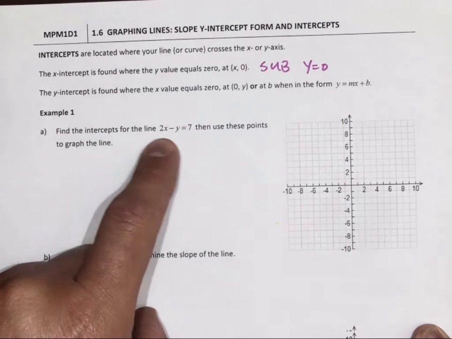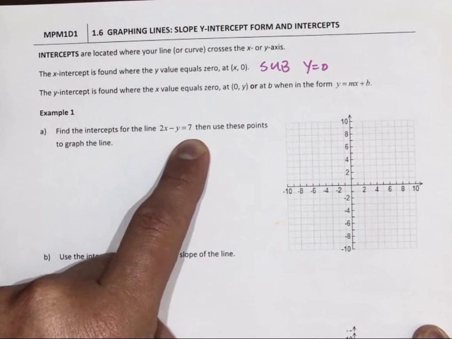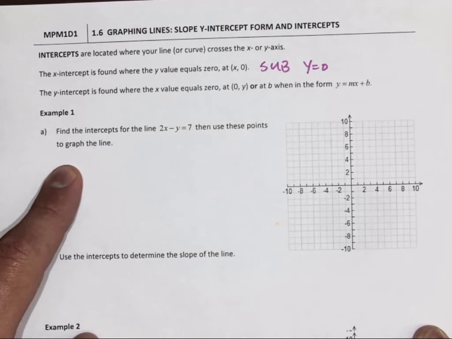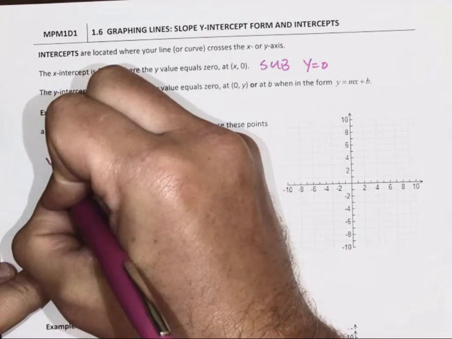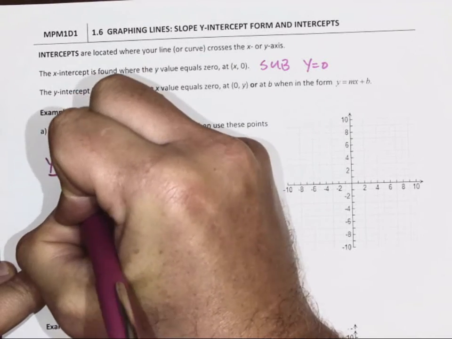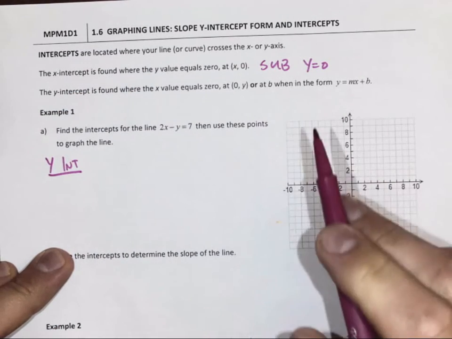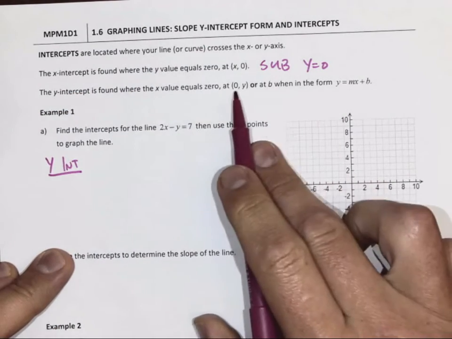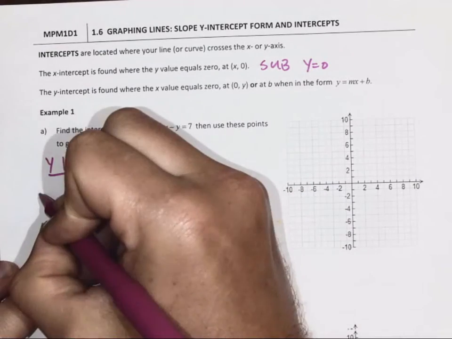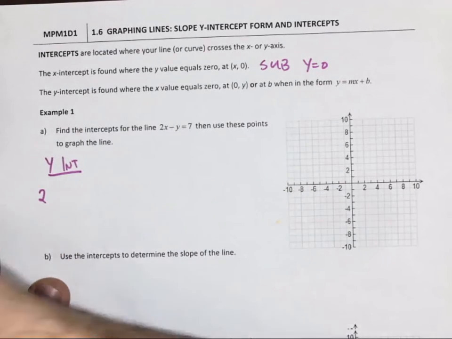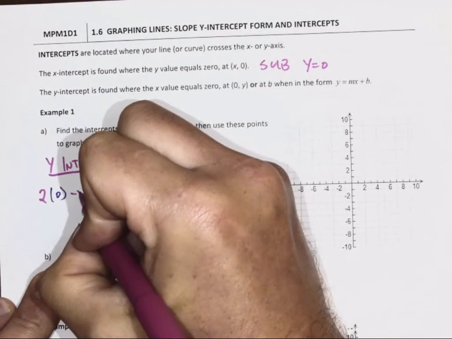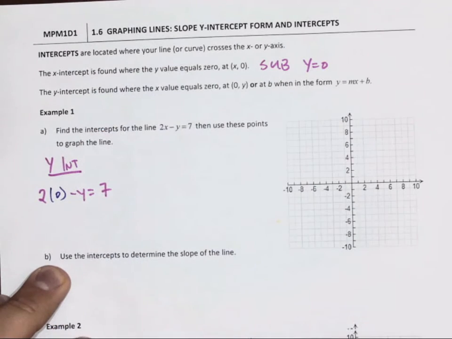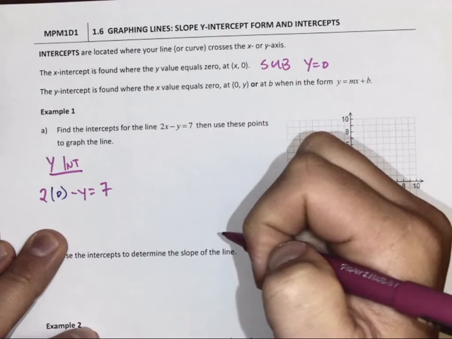So find the intercepts for the line 2x minus y equals 7. Then use these points to graph the line. So our y-intercept, we can either put into that form or, again, sub in that x equals 0. So if we sub in that x equals 0, well, 2 times 0 is 0.